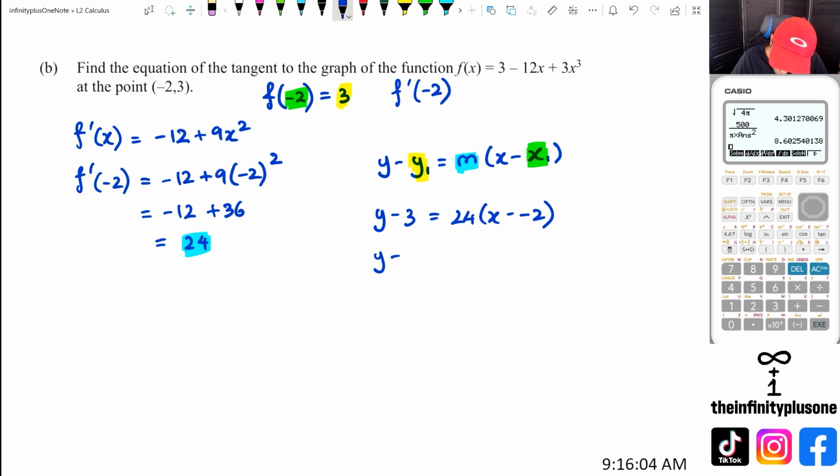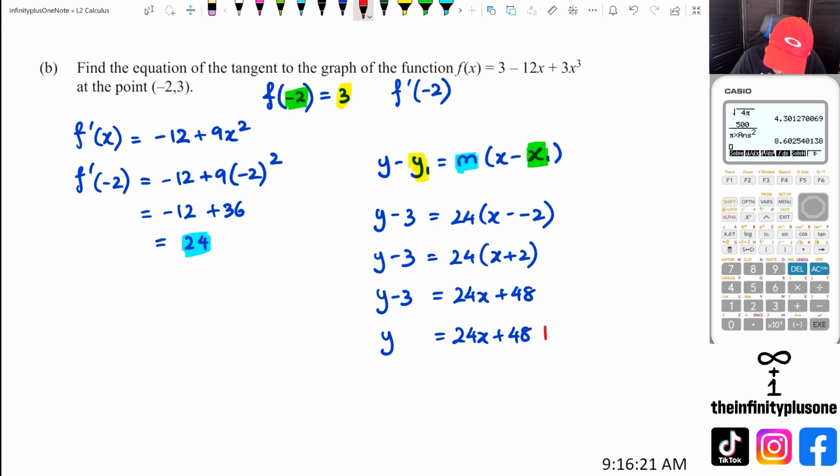So we're going to get y minus 3 equals 24 times x plus 2. Expanding the brackets, we're going to get 24x plus 48. And then y is equal to 24x plus 48 plus 3. And that's going to give us y is equal to 24x plus 51. Grades wise, correct derivative found is worth an achieved. And correct equation found is going to be a merit.